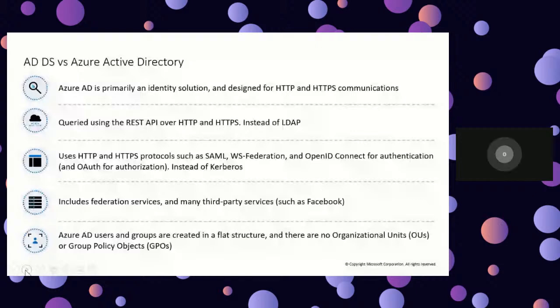Then you can use a query REST API that can run across HTTPS, instead of using LDAP that you use on-prem. Then you can use federation from on-prem to extend your connection or collaboration with other enterprises that are not primarily yours.